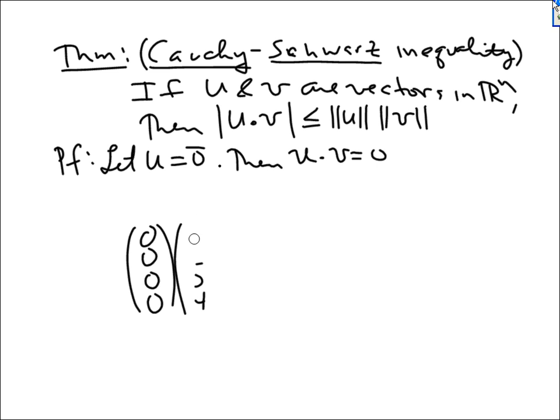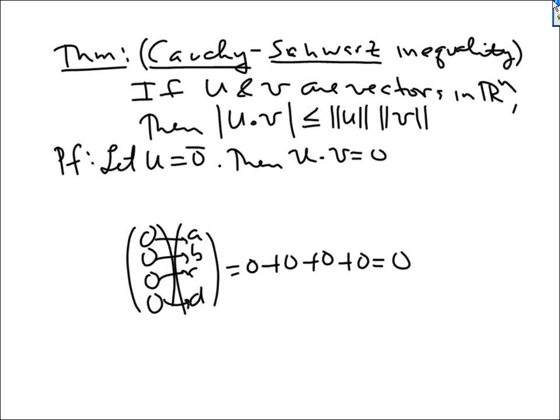I won't even say what these values are. I'll call them A, B, C, and D. Well, certainly 0 times A is 0, plus 0 times B is 0, 0 times C is 0, 0 times D is 0. I get 0. The zero vector dotted with any vector is 0.